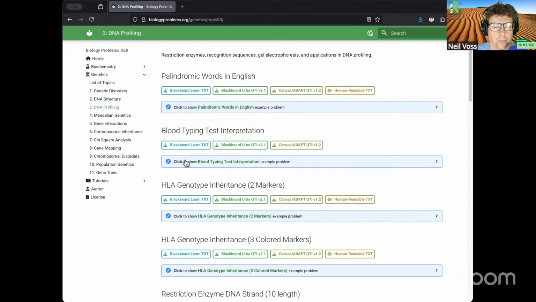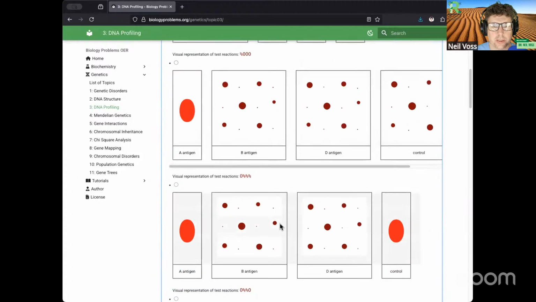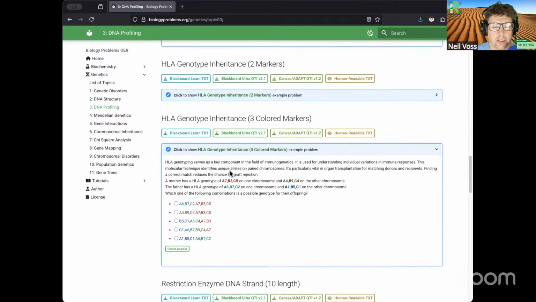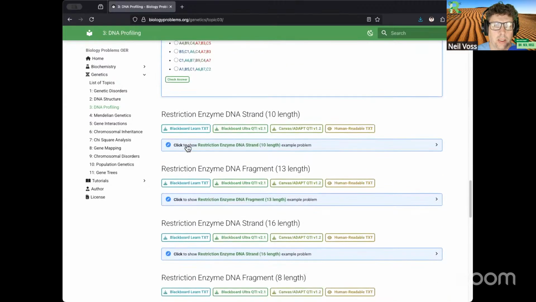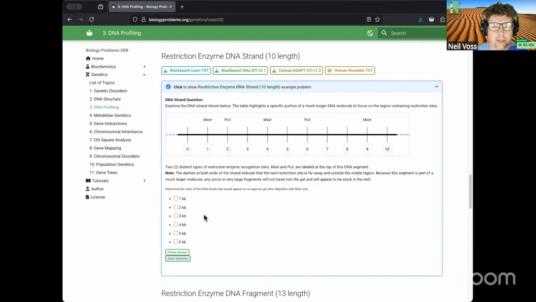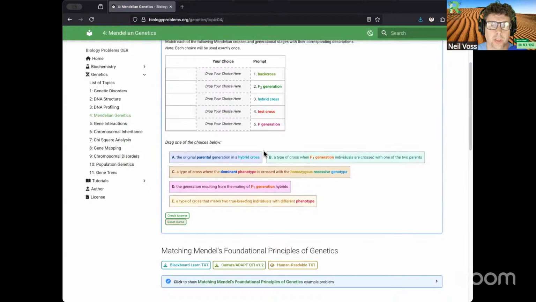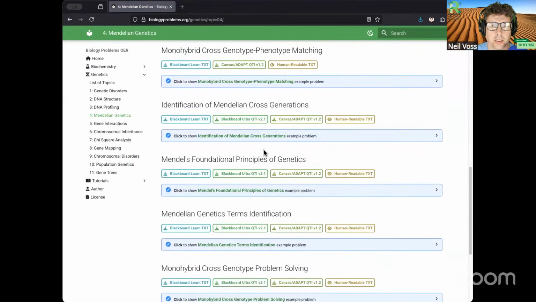I have like a blood typing question, still working on some of the stuff. HLA genotype inheritance, restriction enzyme digests, you name it. Then I get into Mendelian genetics, just kind of some terminology.